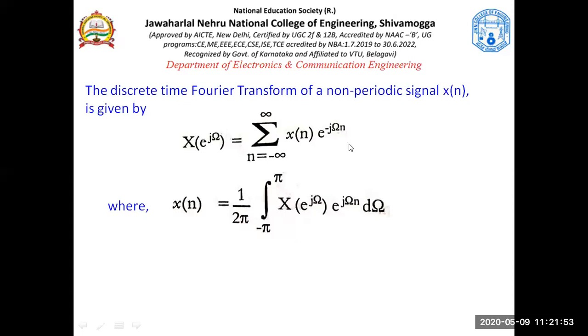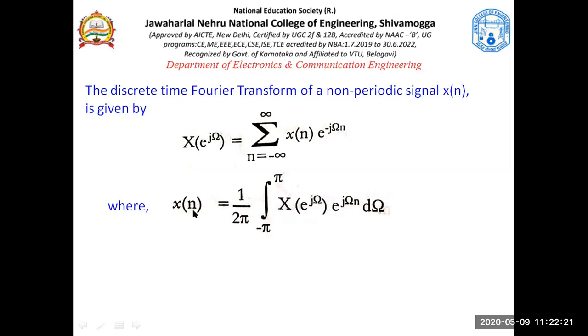And why are we using this omega? Because we are dealing with the discrete time signal. Now this equation is important for us. This is the equation which transforms the discrete time signal x of n into the frequency domain signal X of e power j omega.